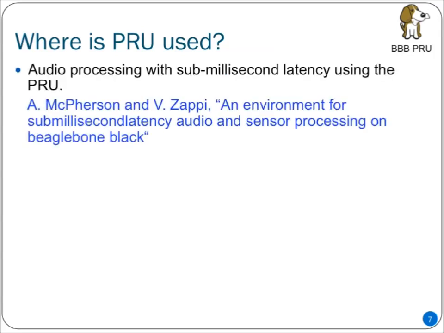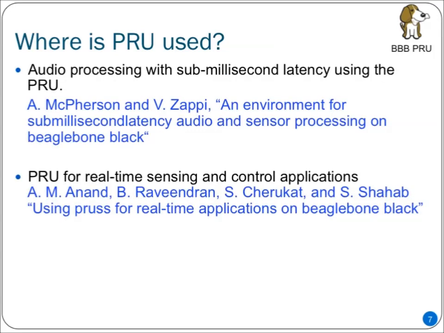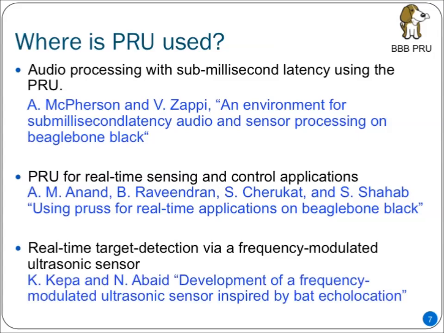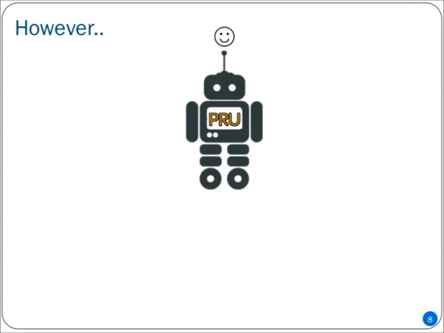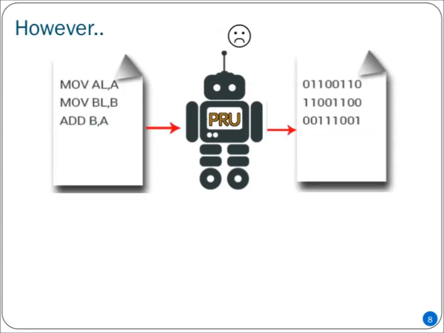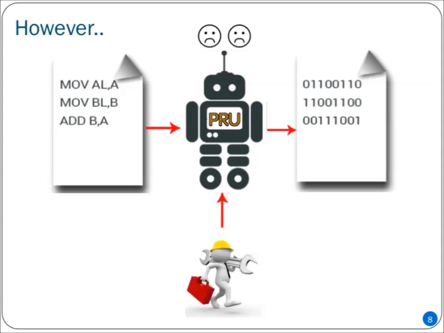PRU is used in many applications: audio processing, real-time sensing, and you can check these papers. However, PRU has a very painful process to play with. You need to write assembly to play with PRU, and you will have to go through a very painful configuration process.